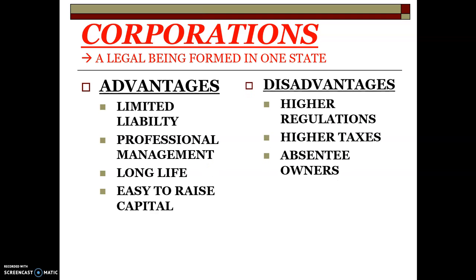The disadvantages, though, they're under a lot of scrutiny, higher regulations. Safety regulations, environmental regulations, stuff like that. They have higher taxes. And you have an absentee owner. Corporations are started by selling stock.